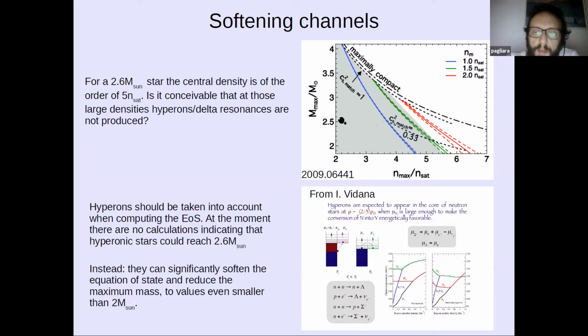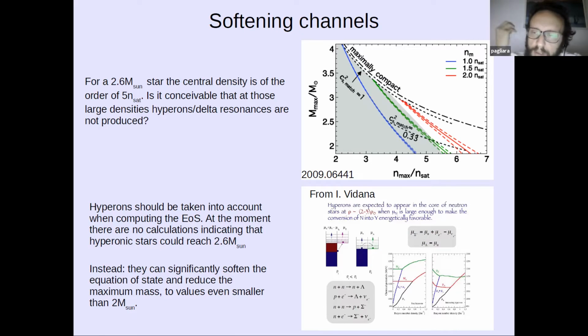So if you sit at about 2.6, you realize that the central density, using all the constraints that we have, must be larger than about 5 times saturation density. This is a large number, and maybe it's not conceivable to assume that at such large densities just neutrons and protons appear. But maybe it's important to consider at that point also hyperons, delta resonances, and so forth. Now, when including those particles, generally speaking, you have a softening channel. So in principle, that would reduce the maximum mass.